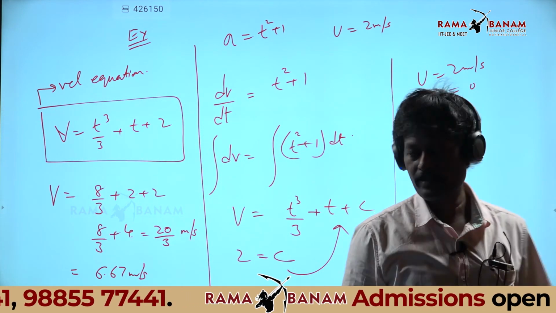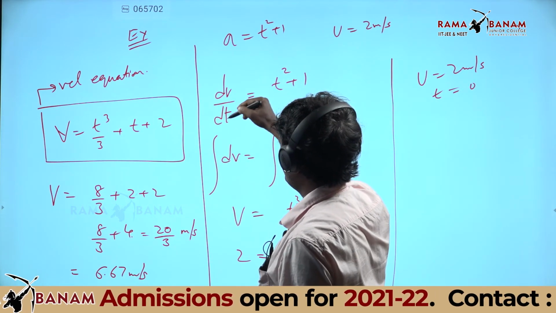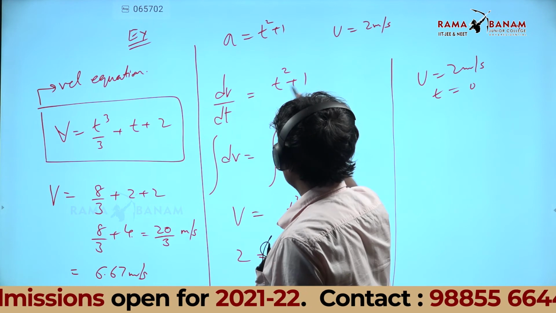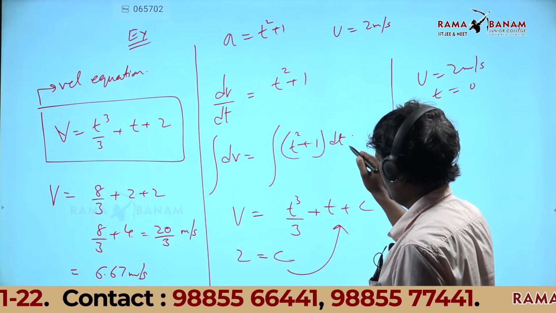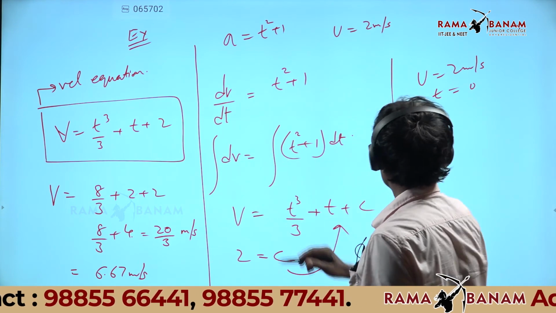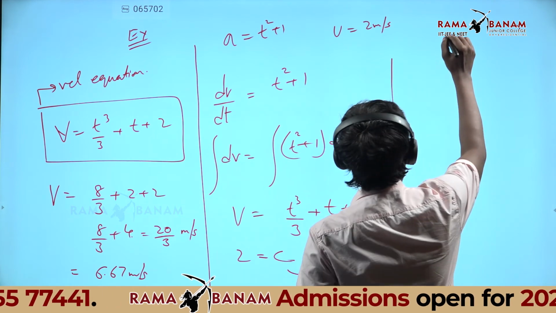Completed, very good. Now listen. In the place of a, I have taken dv by dt. Cross multiply this side. Integral dv is v. Actually it is 1 dv.